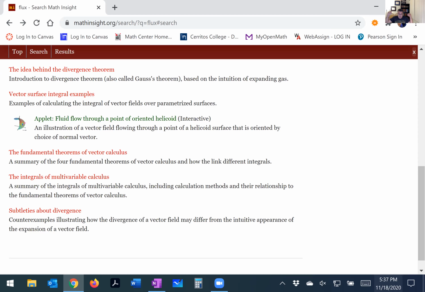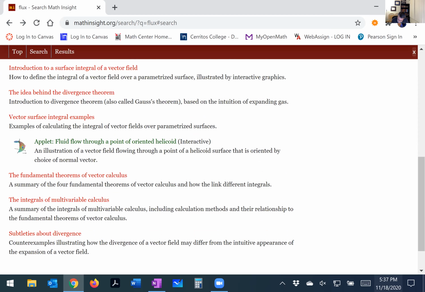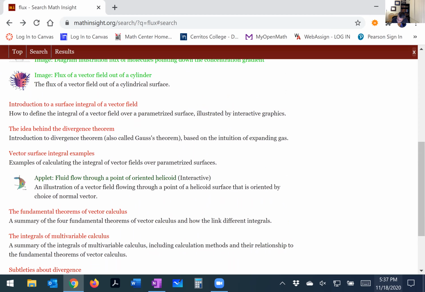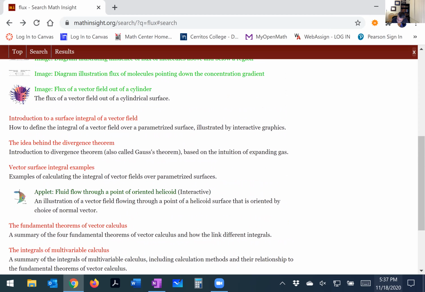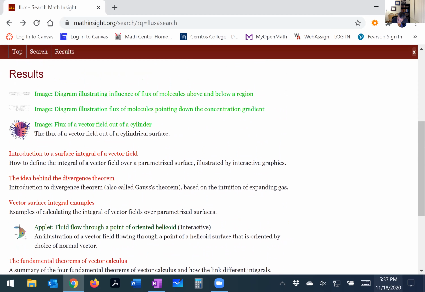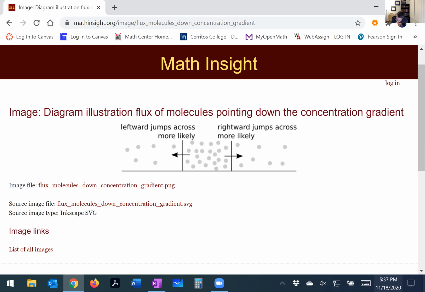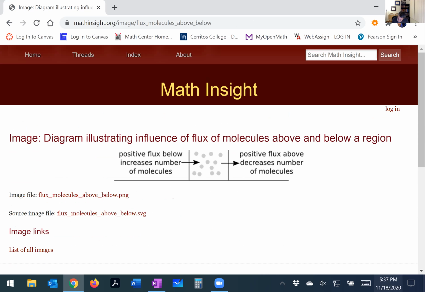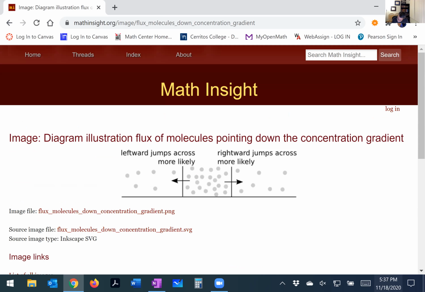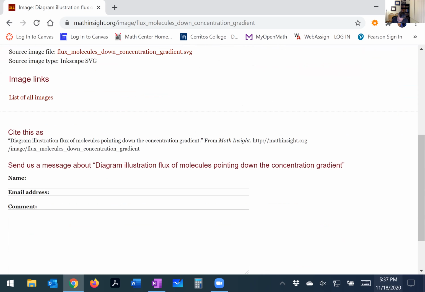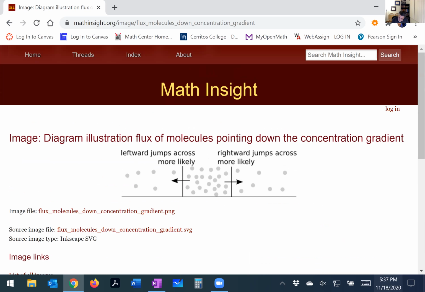And if it's negative divergence, it's going out and air is leaving the ball. But there should be something about flux in here. I don't know either. Forget it.